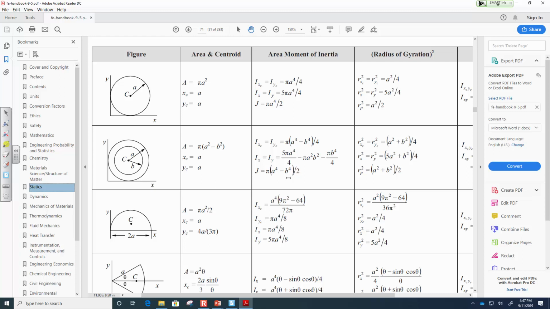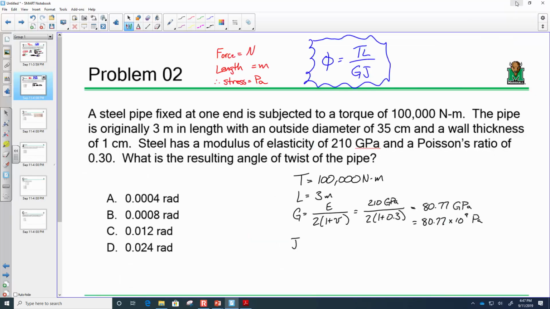But if you don't remember, that's fine. That's what the manual's for. So J for a circular cross-section is pi r squared over 2, or pi d squared over 32. So I'm getting that directly from the manual.